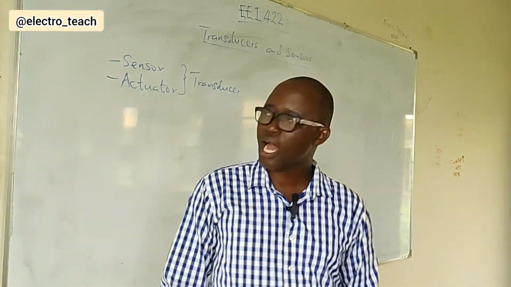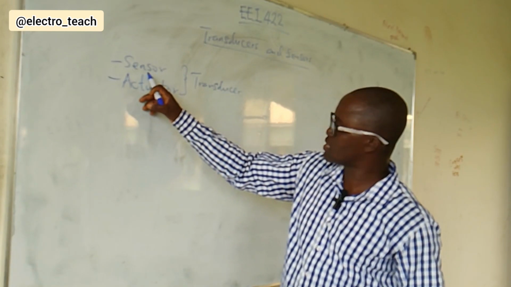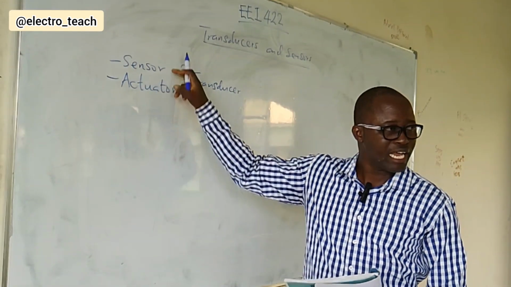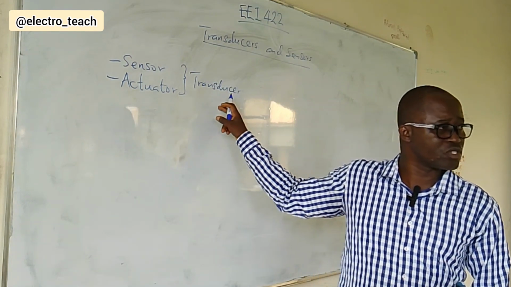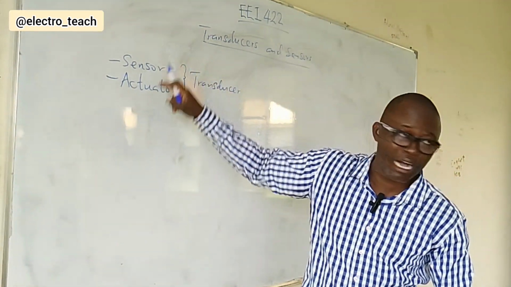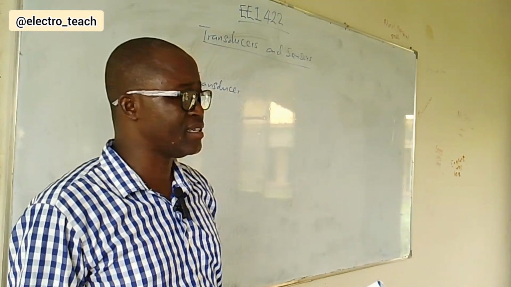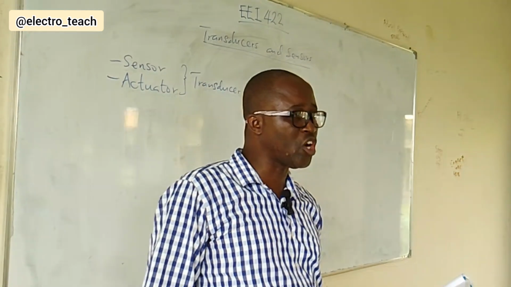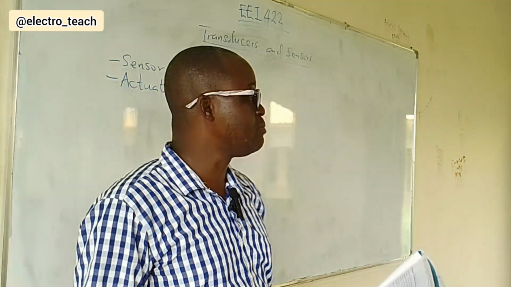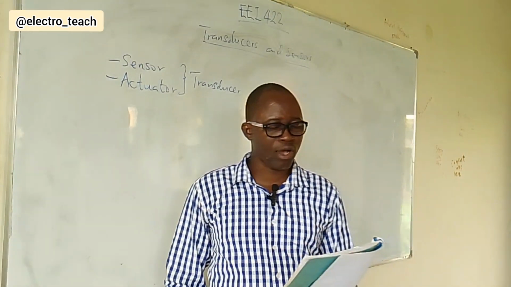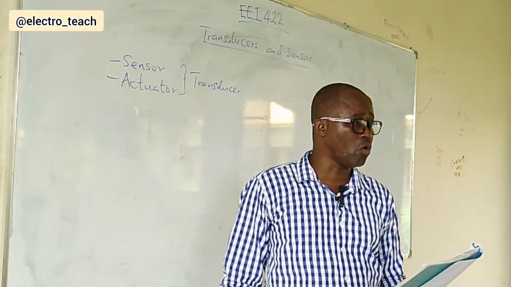Alright? Now, let us see what a sensor is. We said a sensor or actuator, either of them can actually be a transducer. That is, a transducer can take either of these forms. What is a sensor? A sensor is a device that detects or measures a signal or stimulus, or that acquires information from the real world.